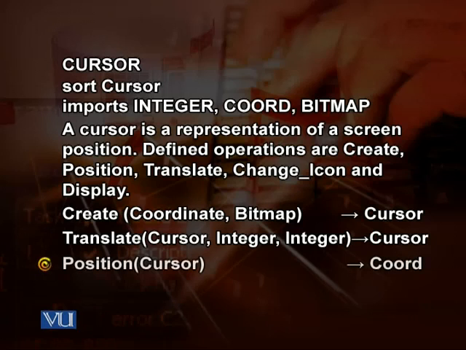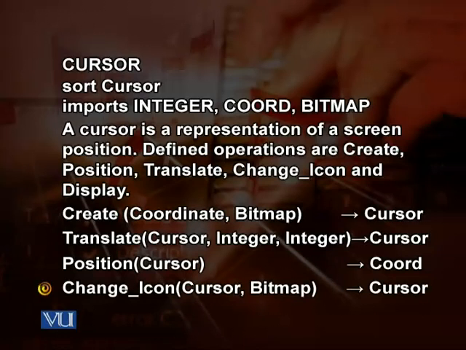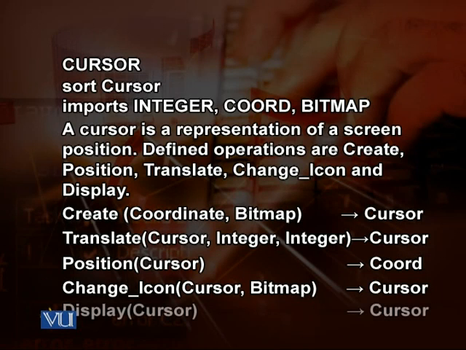Then we have the position, which returns the current coordinate of the cursor. So we have the cursor and it returns the coordinate for that cursor. The change icon, we have cursor and bitmap, and cursor gives us a cursor back. And display, we have this cursor which gives us the cursor back. So these are the functions or operations supported by this sort cursor.